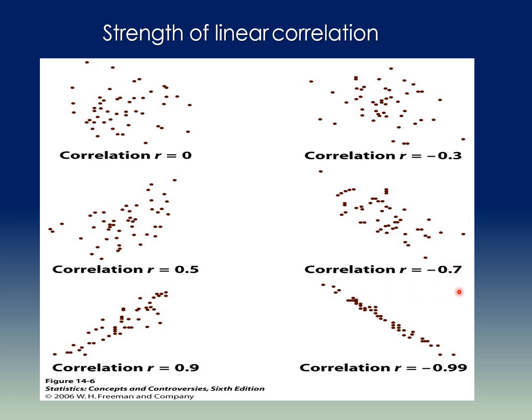Once you get up to a correlation value of 0.7, you begin to see some of these patterns emerge, and although they're not perfect necessarily, in this case it's a negative pattern that occurs. These are beautiful correlations here, the one on the lower right hand corner. I mean, this is a correlation of negative 0.99. Rarely are you going to see this. I've seen some 0.98s before in some of the physiological literature.